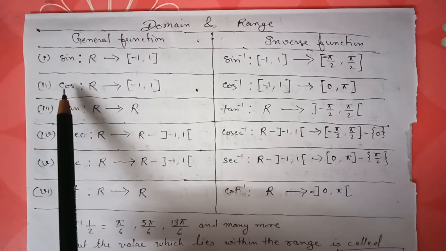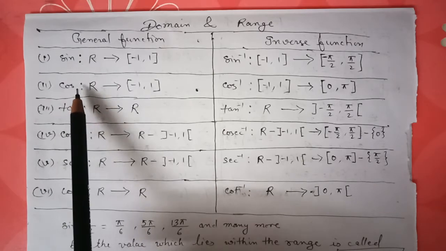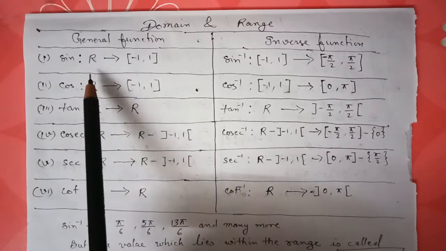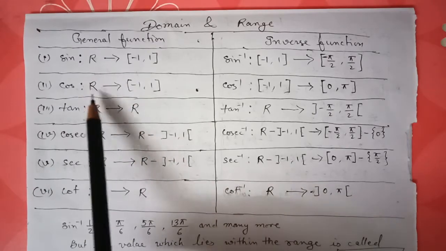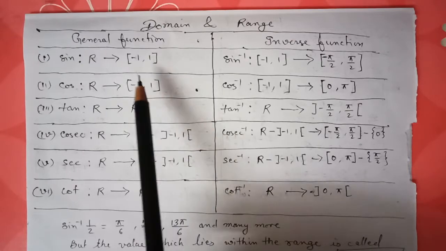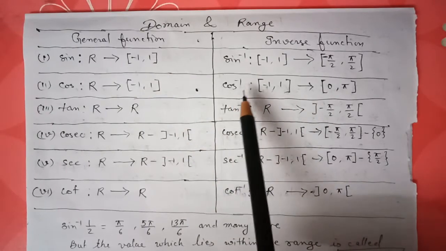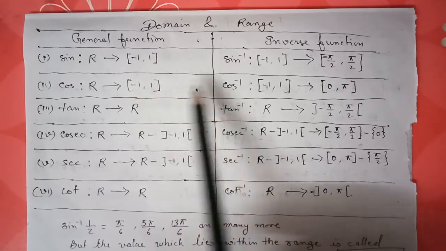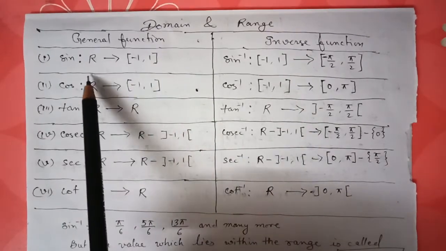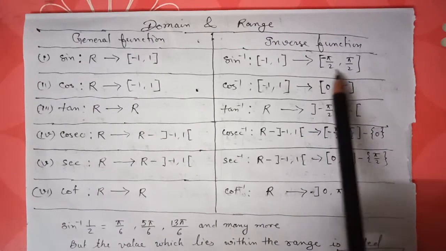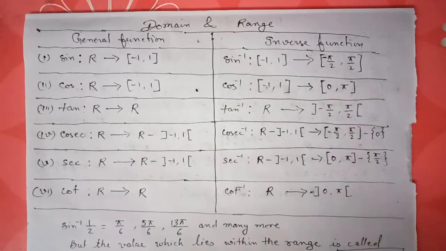Similarly, for the cosine function, the domain is the real numbers R, and its range is from -1 to +1. For the cosine inverse function, the range becomes the domain and the range is changed.